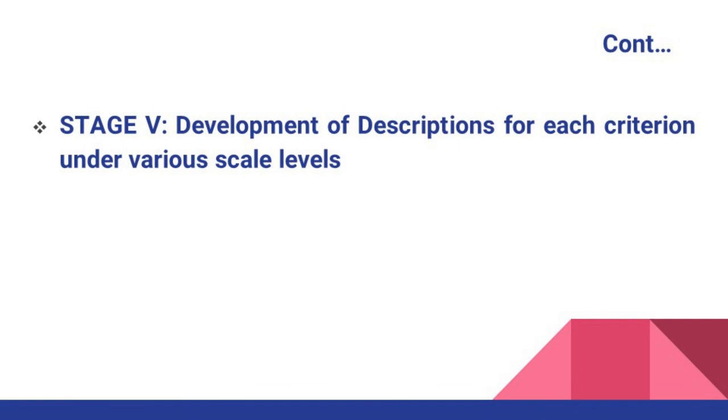That is, what is the worst fulfillment of the assignment you can imagine? While keeping the answer to question number 8 under consideration, the description for the lowest level is framed.